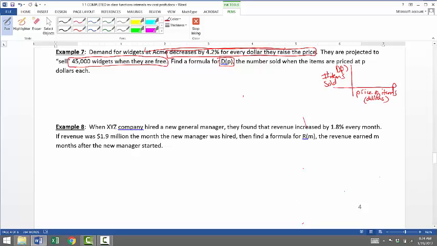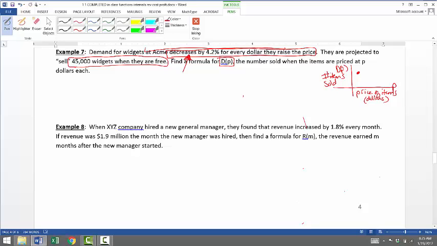All right, from the given information, the next thing I want to do is figure out what type of function we have. The first sentence is giving us the information we need. It says, demand decreases 4.2% for every dollar they raise the price. So again, let's come over here to the graph. Let's suppose this is a point on the graph.